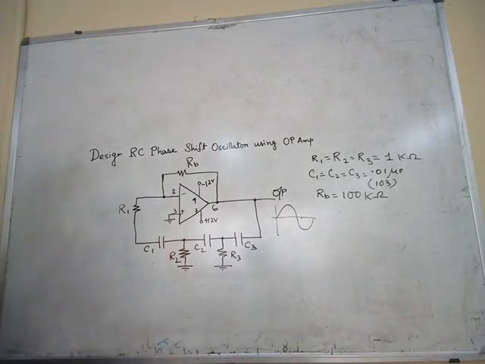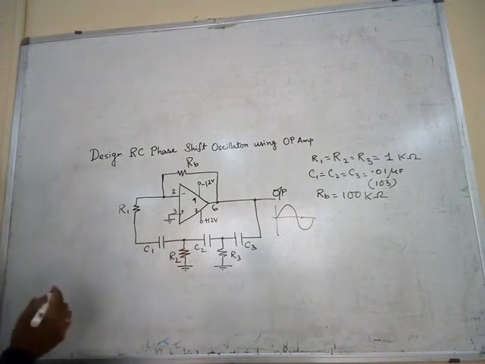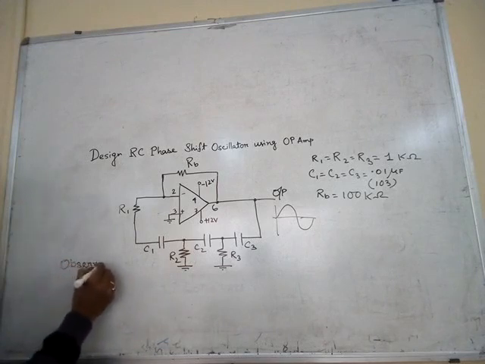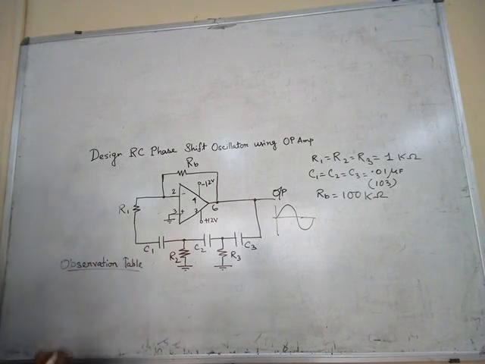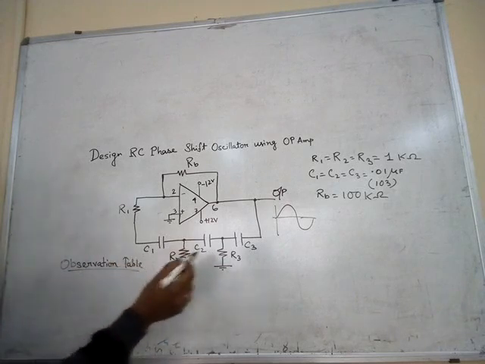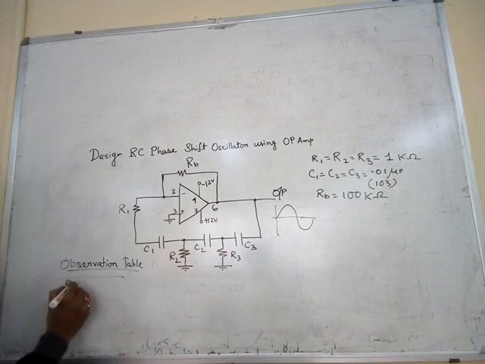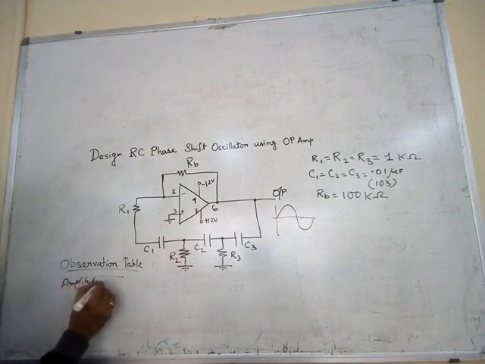Now we go for the calculation. First of all there is an observation table. We have to measure the frequency and amplitude of the output: amplitude, then time.